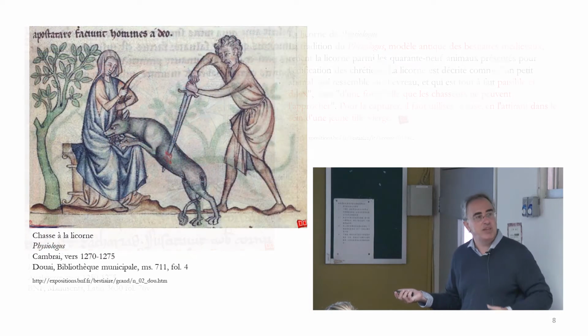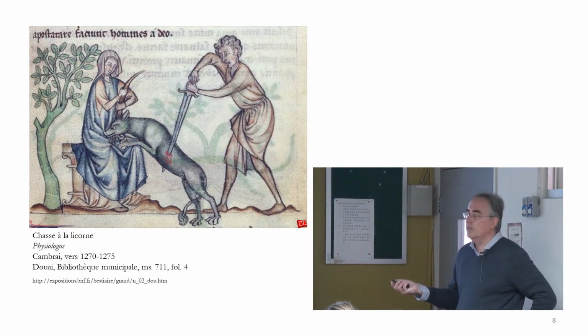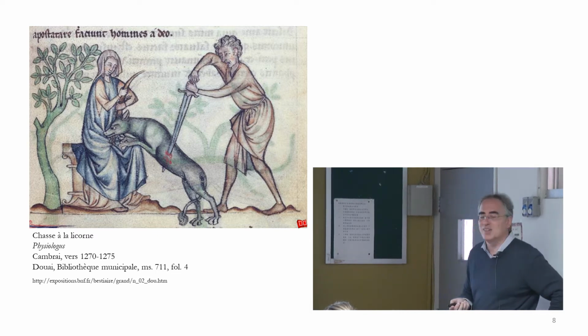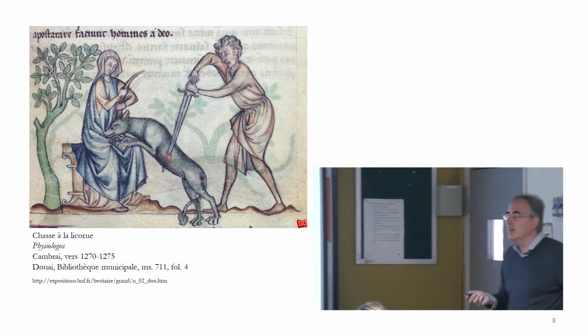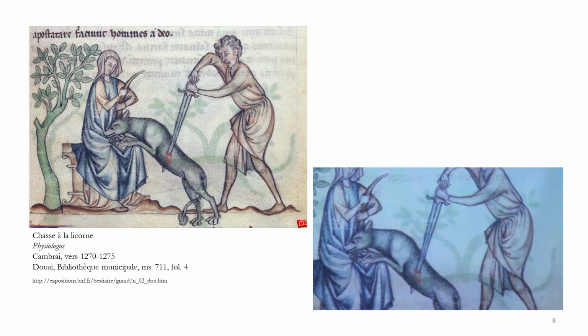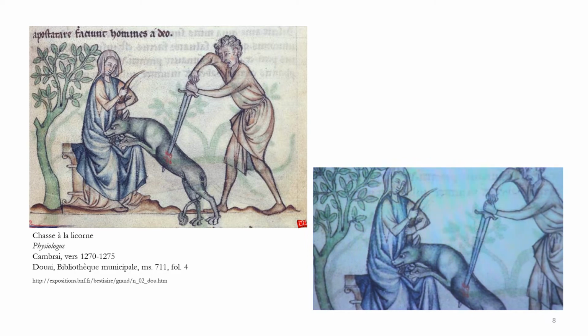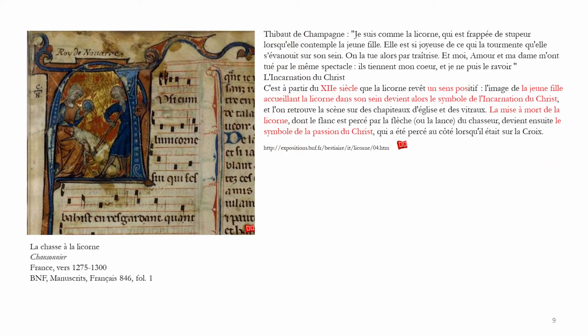We have this image of the virgin woman attracting the unicorn. Well, looks like a wolf to me, but with a huge horn. And hunters, repeated constantly in medieval texts. This soon came to be interpreted symbolically.